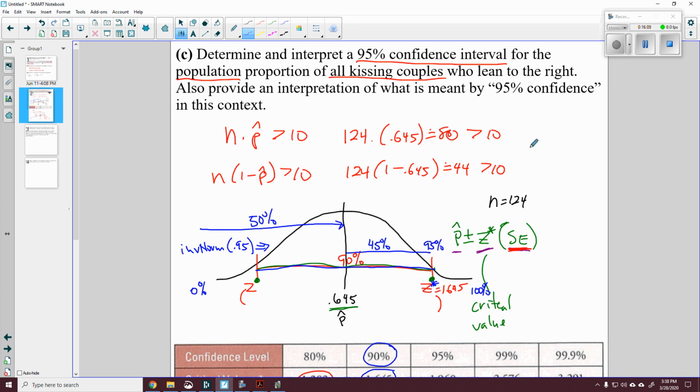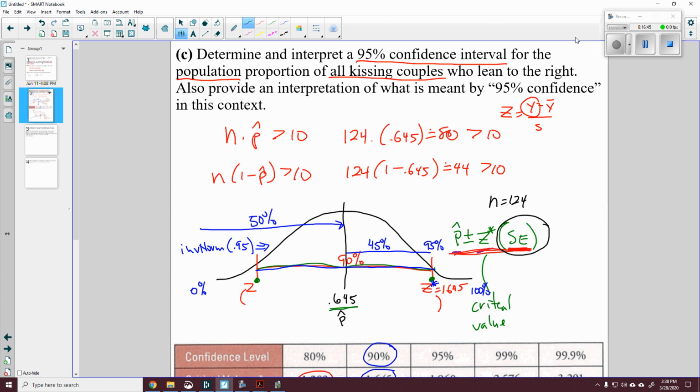Eventually I'm trying to use z equals y minus y bar over s to find this actual number, or actually I'll be able to do it using the formula I've given you here. But I need to calculate the standard error. If I don't know that, then I can't finish the problem.